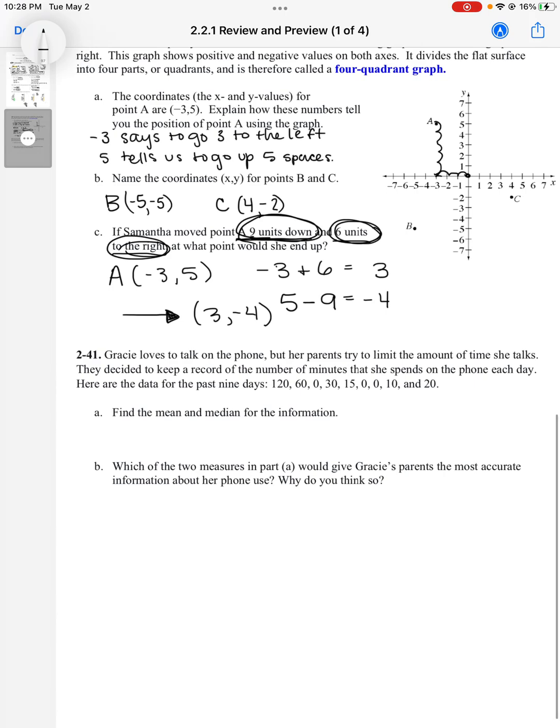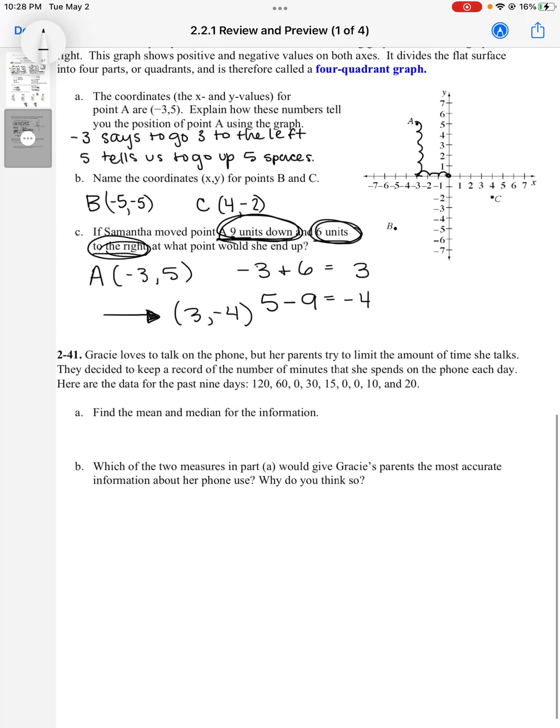Okay, last problem is number 41. Gracie loves to talk on the phone, but her parents are trying to limit the amount of time she talks. They decided to keep a record of the number of minutes that she spends on the phone each day. Here's the data for the past 9 days. Okay, part A says to find the mean and median for the information.